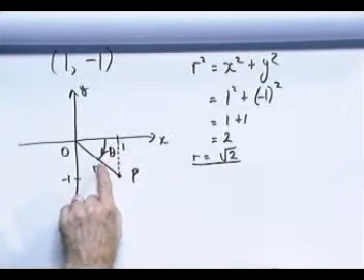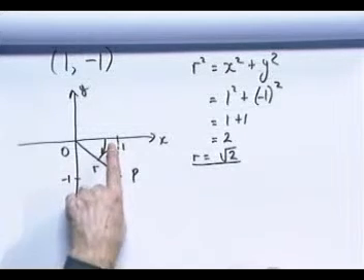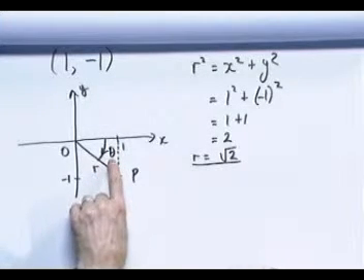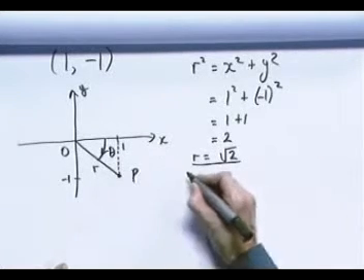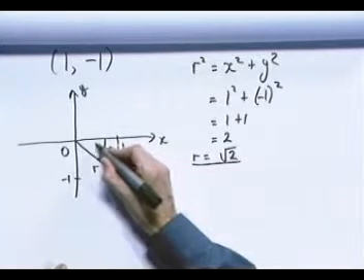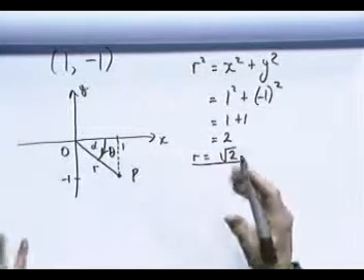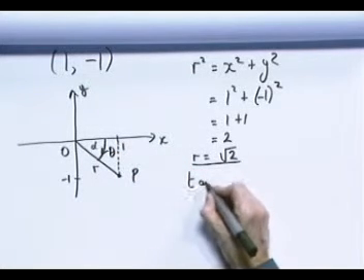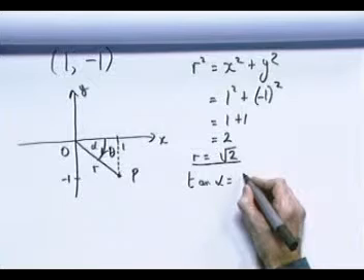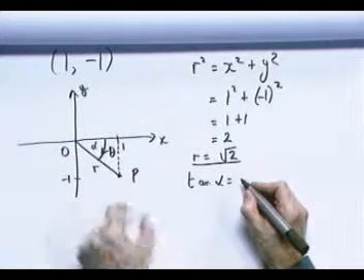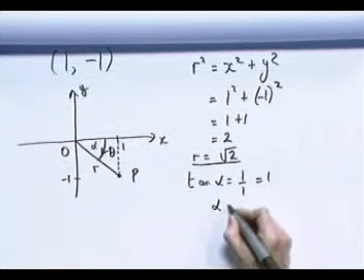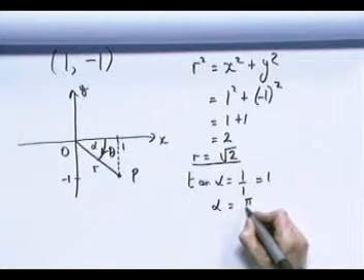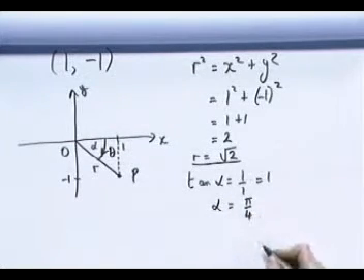Let's not worry about the direction here. Let's just calculate the magnitude of theta. To do that, I'd rather actually call it alpha, as I just want to calculate the magnitude. So tan alpha is opposite, which is 1, over the adjacent, which is 1, which is just 1. And so alpha is, in fact, pi by 4.